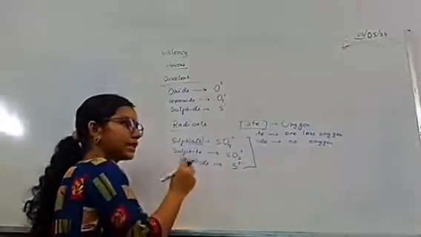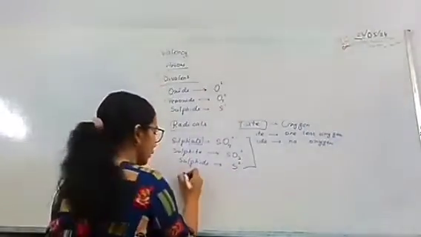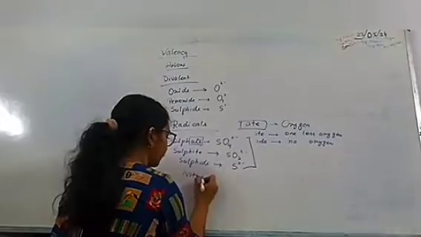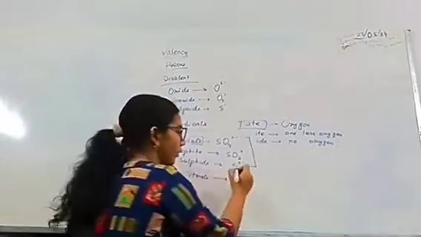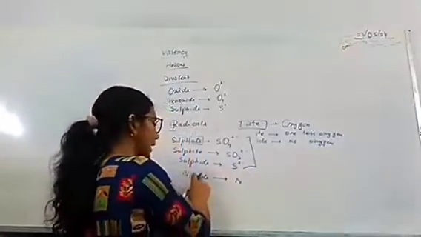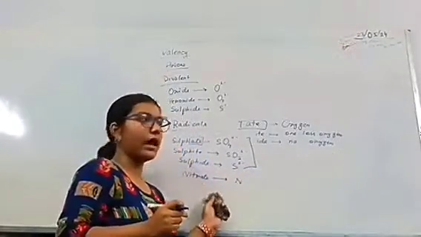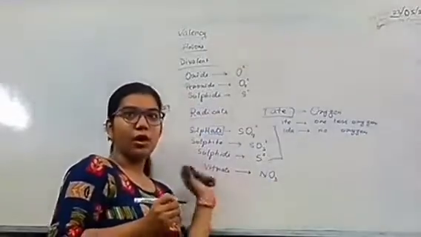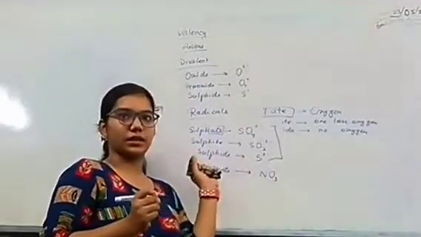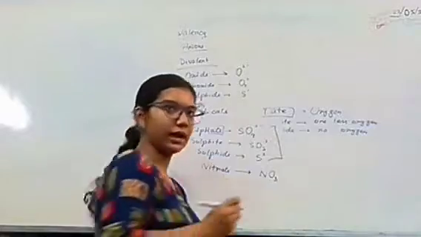Next, we will take the series of nitrate. So nitrate will have one nitrogen. Next, "ate" will have the maximum number of oxygen. And always remember in the nitrogen series, all have a minus 1 charge except the last one. Nitrate is NO3 minus.